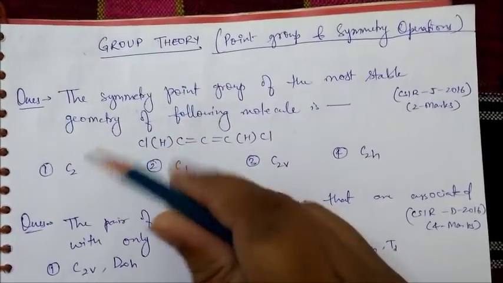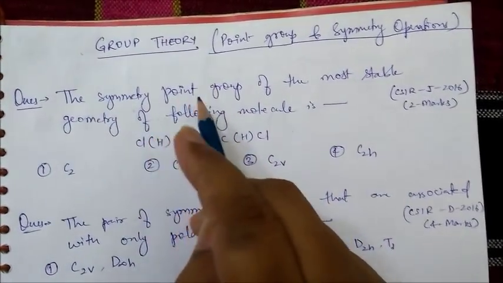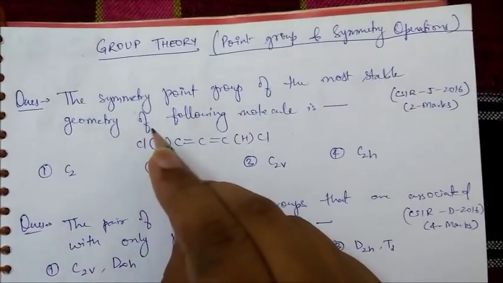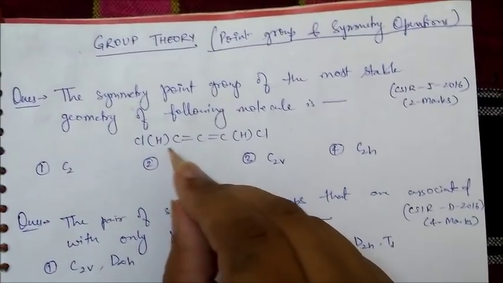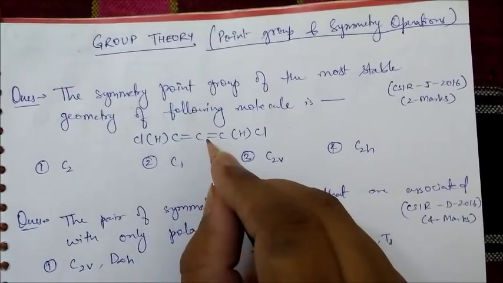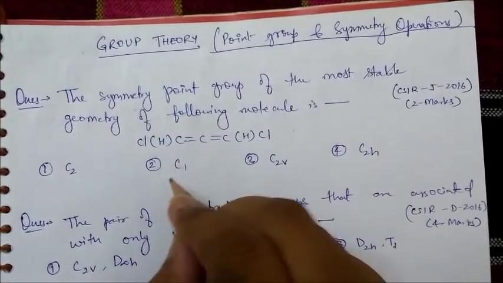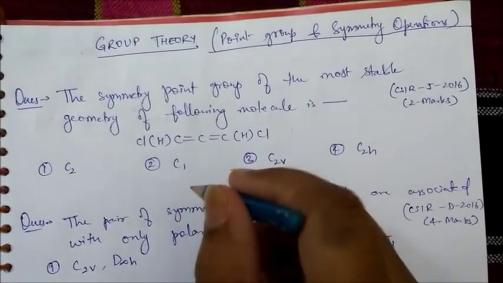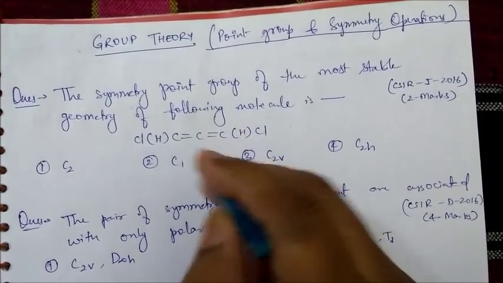The question says: what is the symmetry point group of the most stable geometry of the following molecule. The molecule is given over here, and this is an allene type molecule, and they have asked what will be the symmetry point group. So first we will draw this molecule.